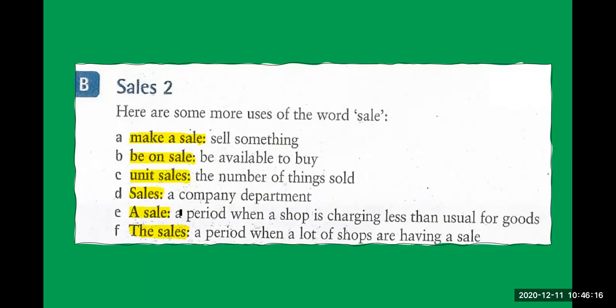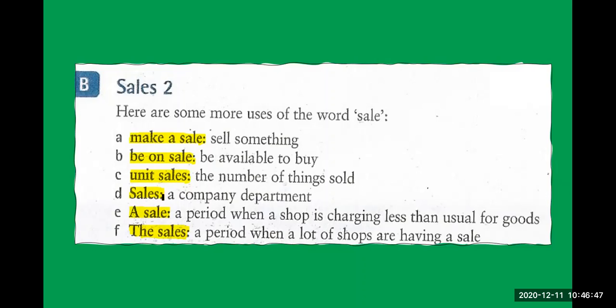Be on sale is something, as you can read there, available to buy. So if you want to buy a new cell phone, for example, you make sure if it is on sale, if you can buy it already or not yet. Unit sales, it's the number of things, how many cells you buy, 1, 2, 3, so that's unit, because you count how many.